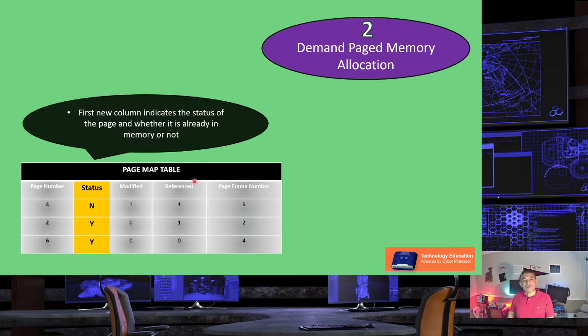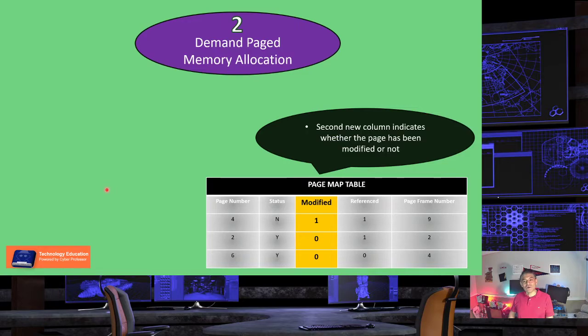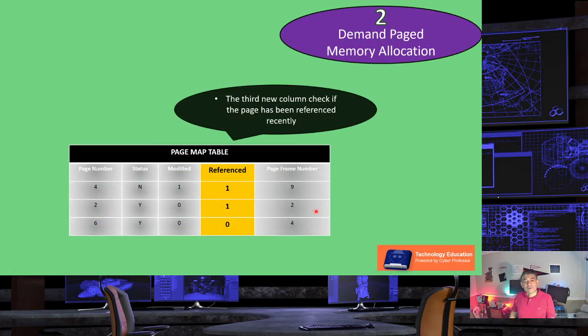The first new column indicates the status of the page and whether it is already in memory or not, and it is depicted in yellow with a yes or no for each of the page frames that are listed here. The second new column indicates whether the page has been modified or not, and it is depicted in yellow in our diagram. Finally, the third new column checks if the page has been referenced recently with a 1 or a 0.